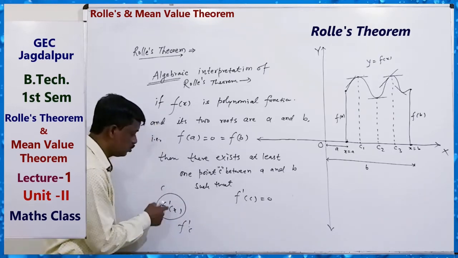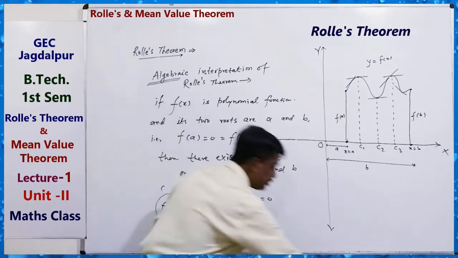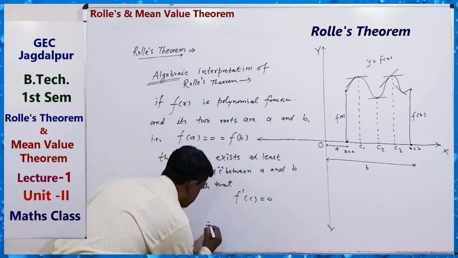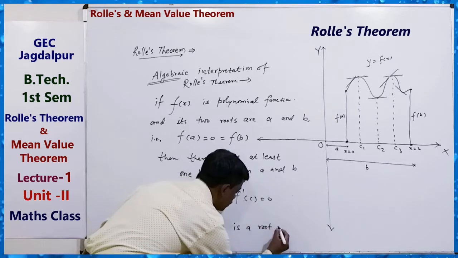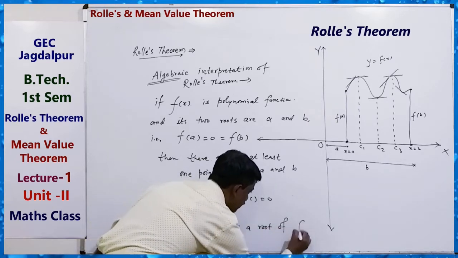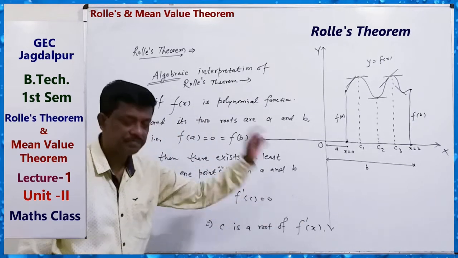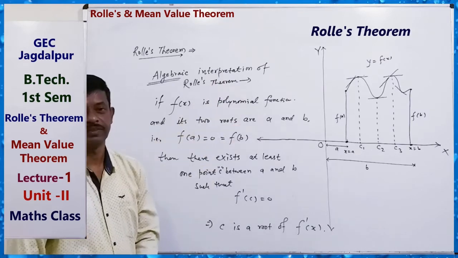If c is its root, then f'(c) equals 0. That implies c is a root of f'(x). This is the algebraic interpretation.